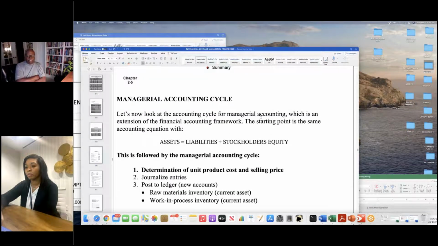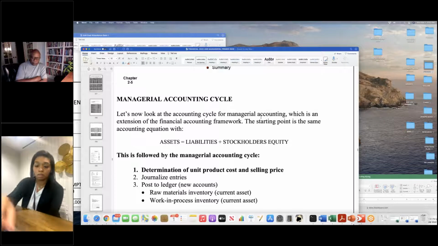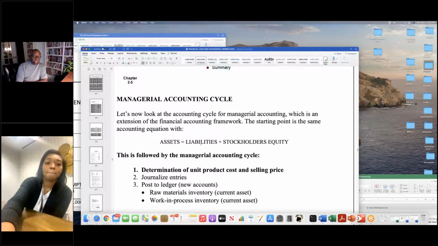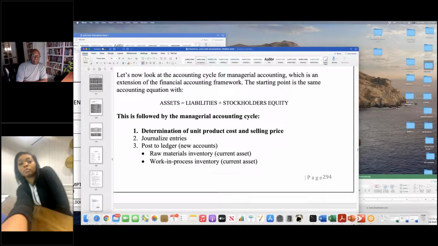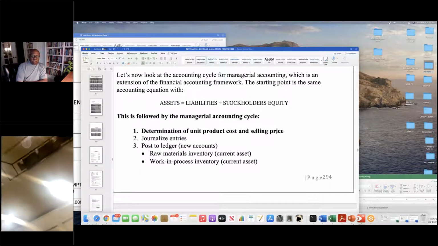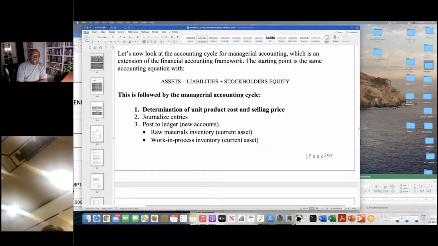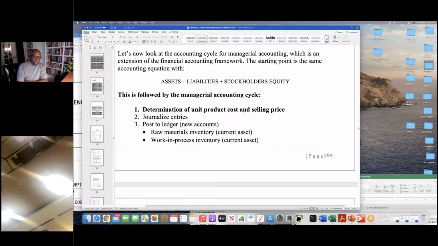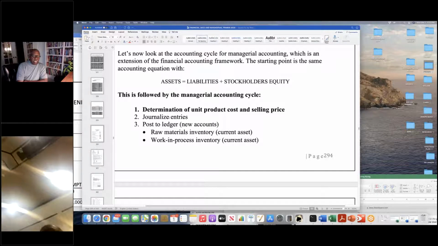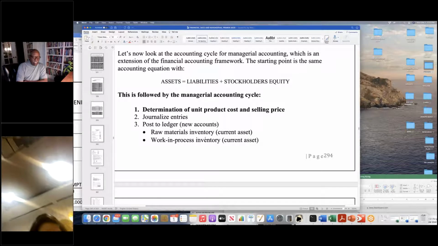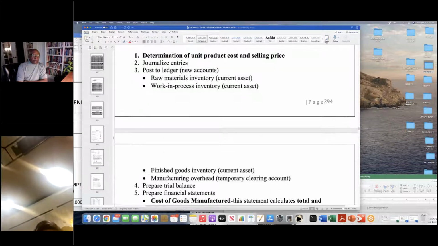Okay, so we're moving on into the managerial accounting cycle. This equation is always our basics. We spent the first week determining the unit cost, product cost, and selling price. We put a lot of time on that because you can't make these journal entries if these entries are not correct. So we're going to journalize entries, then post them to the ledger. Got some new accounts.